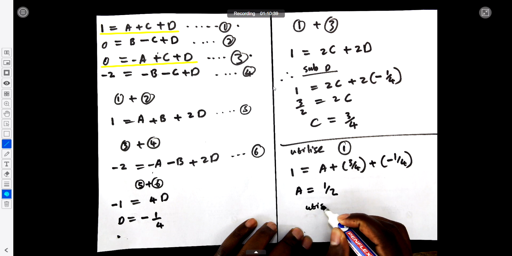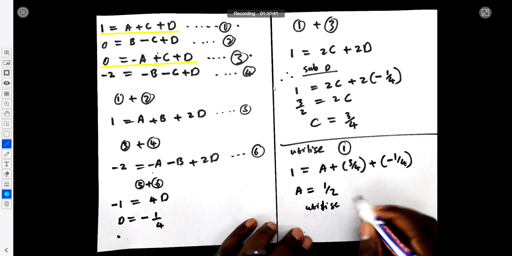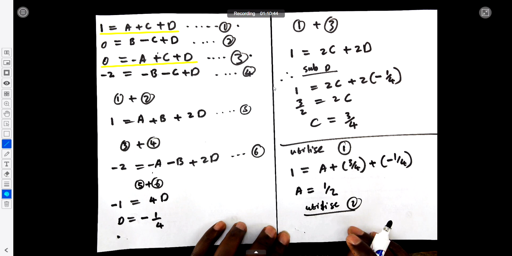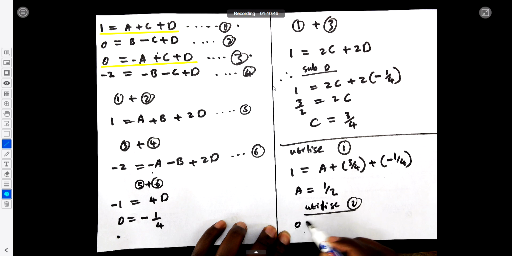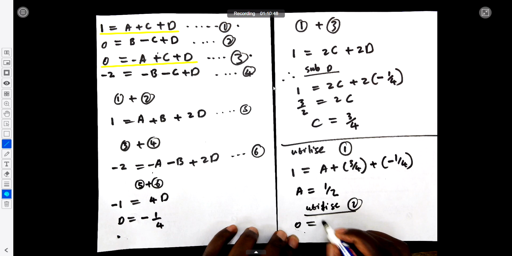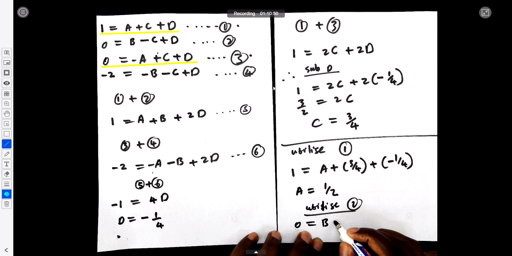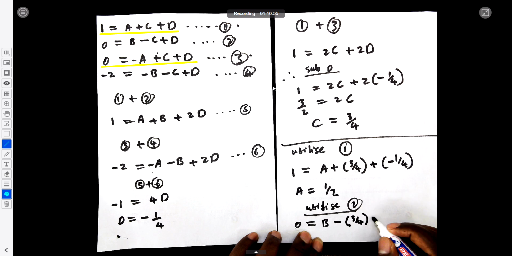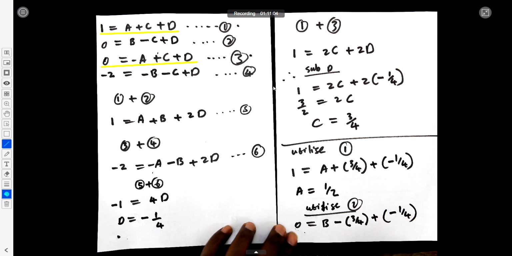So let us utilize equation 2. So utilizing equation 2, it is 0 equals b minus c. C is 3 over 4. Therefore, plus d. D is negative 1 over 4.